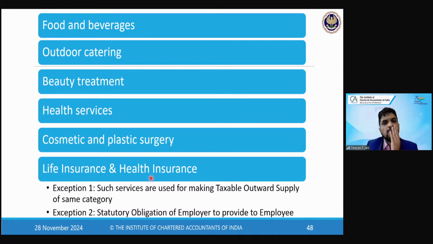Internet monthly bill, we'll see. Once we go through Section 17 completely, if there is no restriction, then you can claim it. Same as vehicles, same here for insurance, correct.